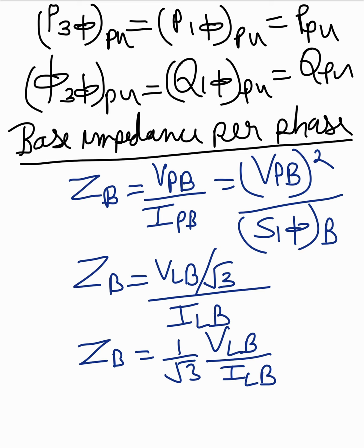We can write like this because we know that in the star connection VL is equal to root 3 V phase. So for the three phase system, S three phase is equal to 3 VPB IPB. So we can calculate from there the value of ILB, and we can put that value. So the value of ZB is equal to 1 upon root 3 VLB, and put the value of ILB.